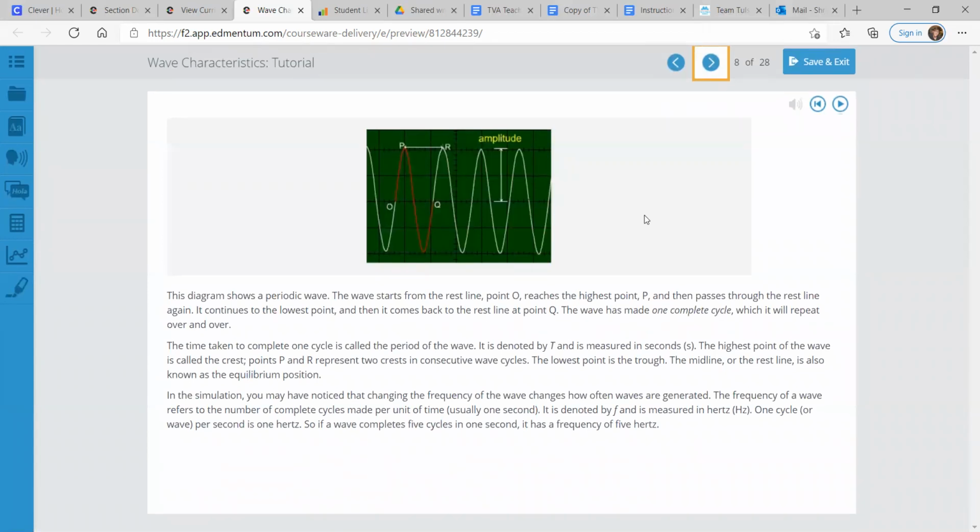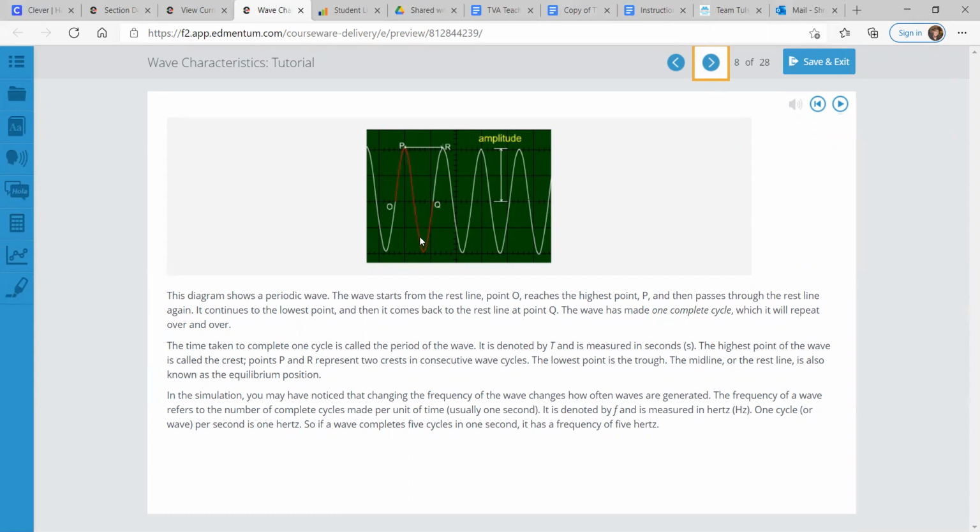So this diagram shows a periodic wave. The wave starts from the rest line, O, so right here, reaches the highest point at P, and then passes through the rest line again.